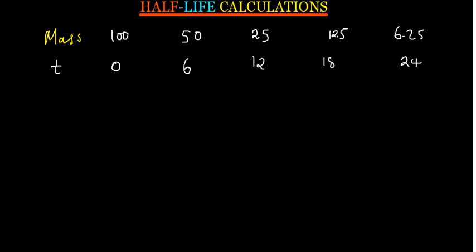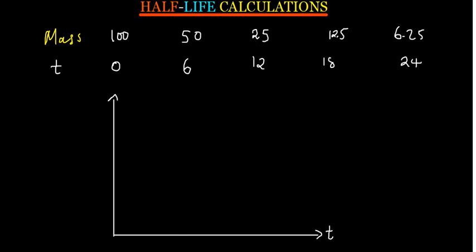So this is the data that we're able to collect. From here, remember, we can draw the curve, and it is very important for you to know how to make this curve, because they do ask. We have time this side, and the mass or the amount this side.